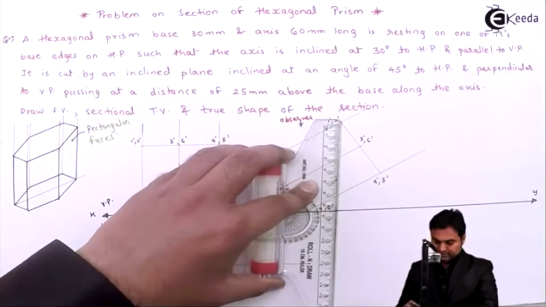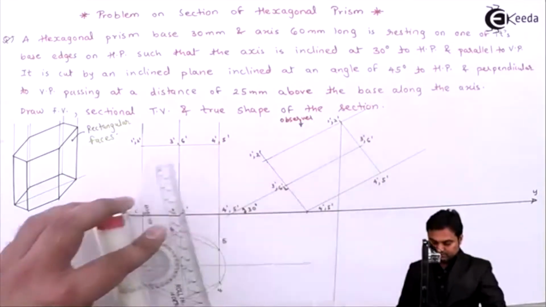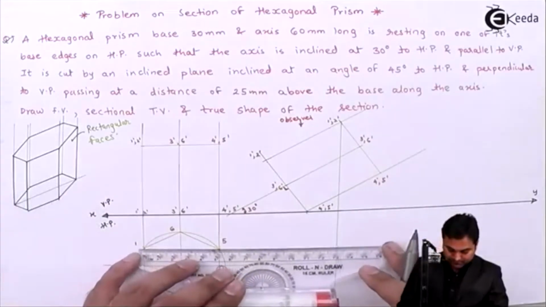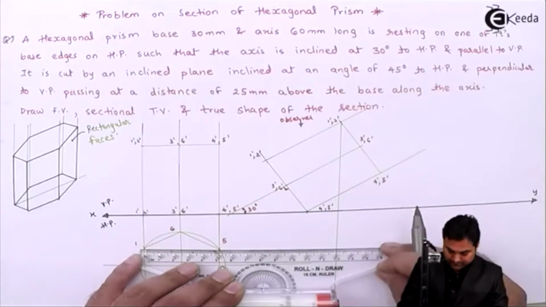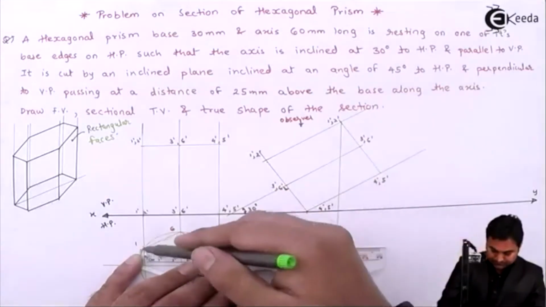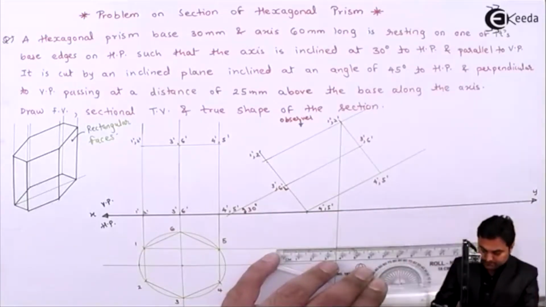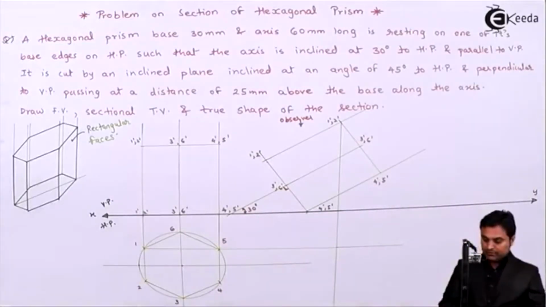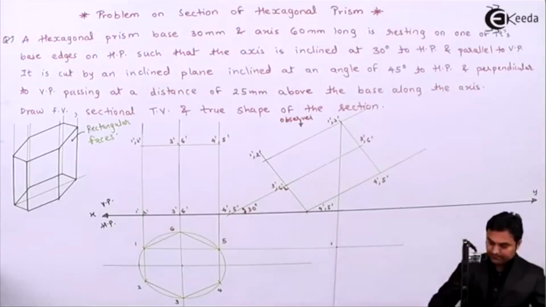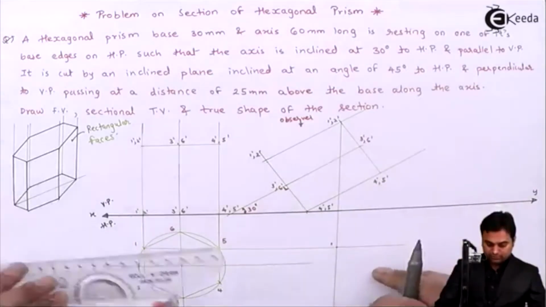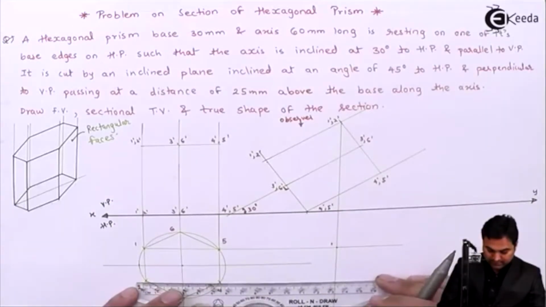So projecting 1 dash 2 dash with the help of a light line, and then point 1 is at this location, so here I'll get point 1. Where they intersect, that's going to give me point 1. Then 2 dash is also on the same line.